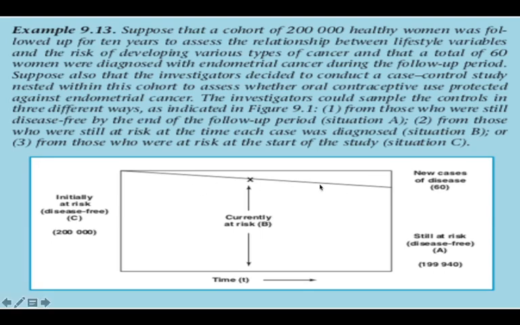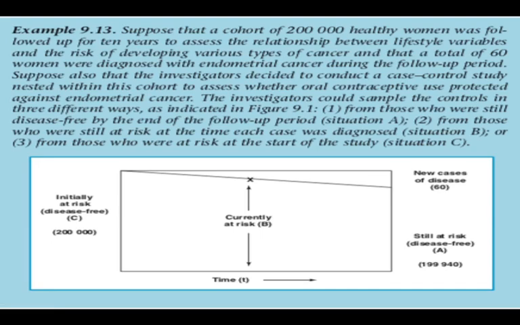During this follow-up, we came to know that unfortunately 60 new cases, 60 women, were affected with the disease, and the rest, out of 200,000, 199,940 are still at risk of attaining any cancer.